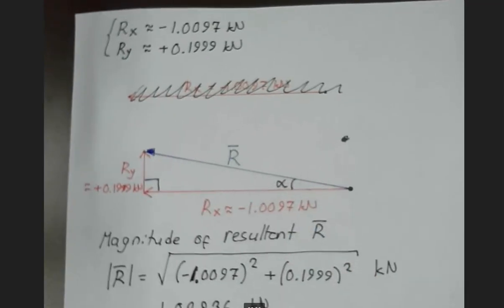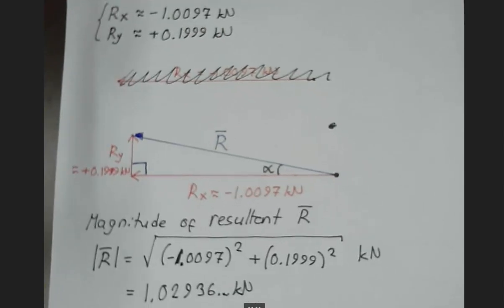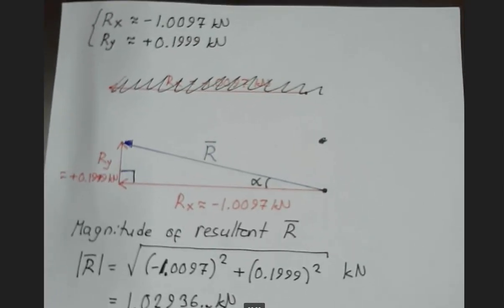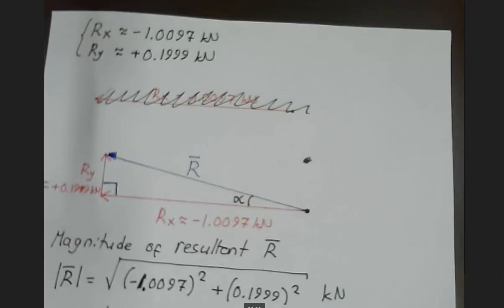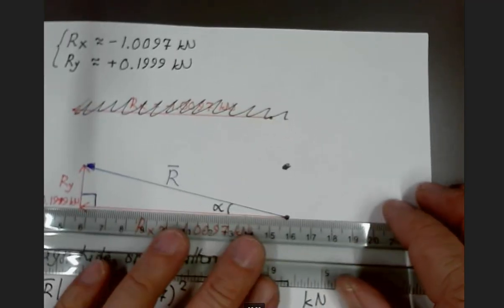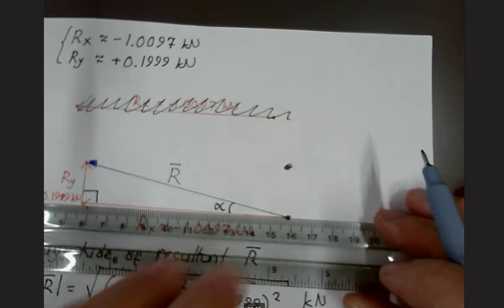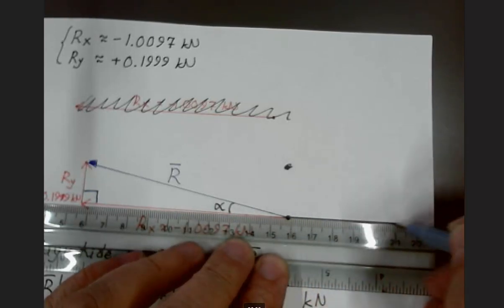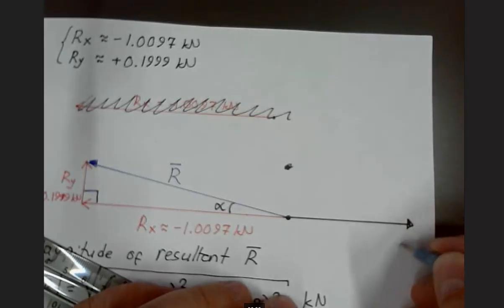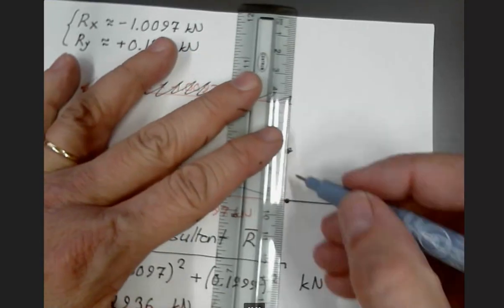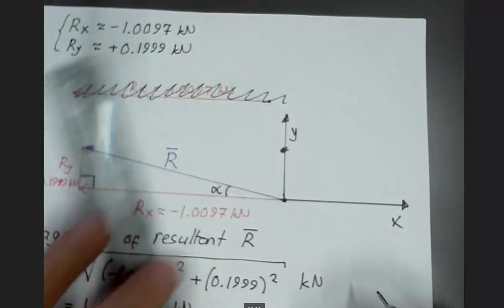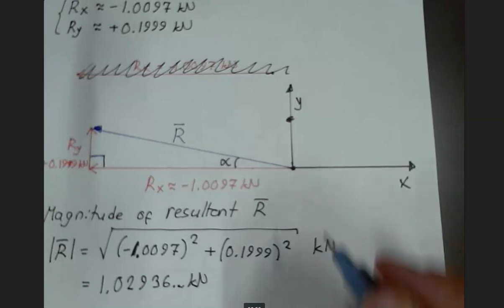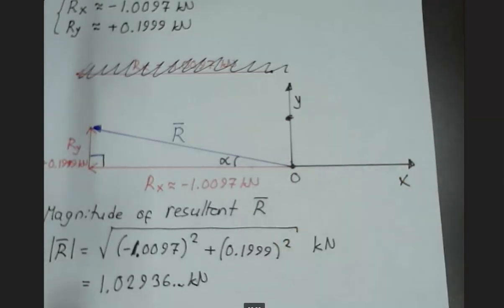But the direction angle which we need to calculate is always an angle measured from positive x-axis. So when we are having here the origin, and I will draw here the positive x-axis, y-axis goes here, and here is origin.